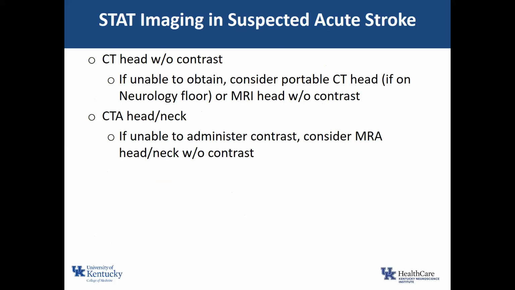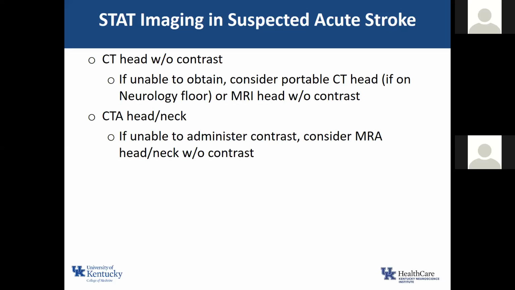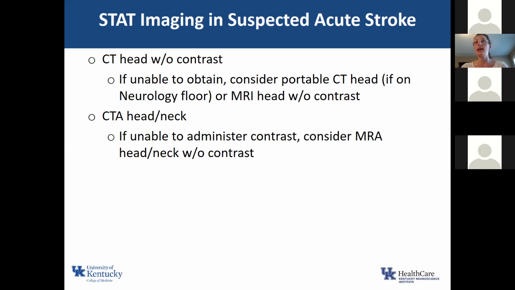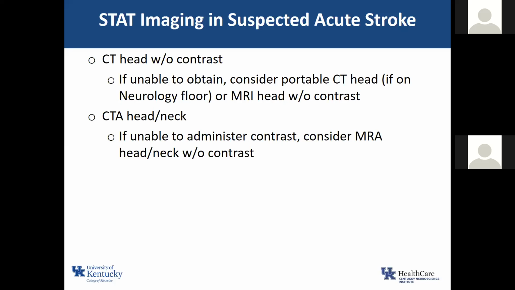Unless I can really get somebody up on the table and have them roll. A CTA head and neck we do for all of our stroke alerts here at UK, but that's not always standard. It doesn't have to necessarily be done to make a TPA decision. But you can consider an MRA head and neck if it's non-emergent, or particularly if the patient has a contrast allergy.